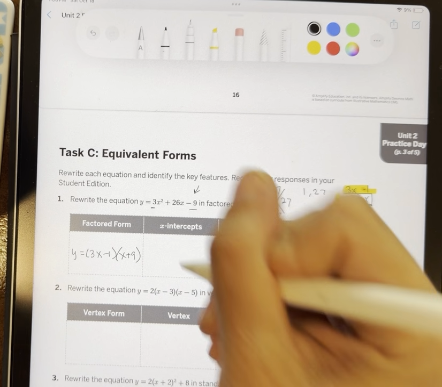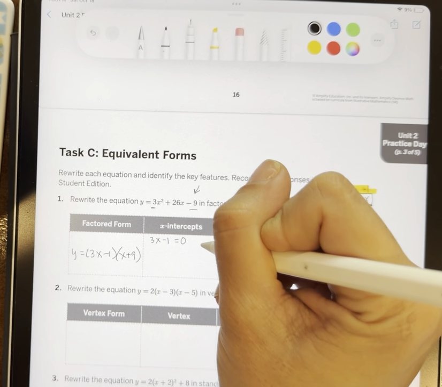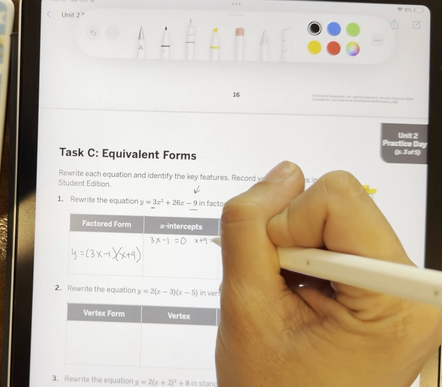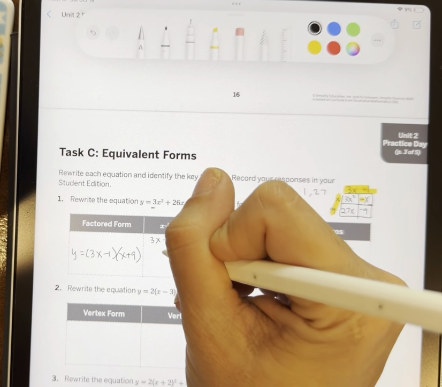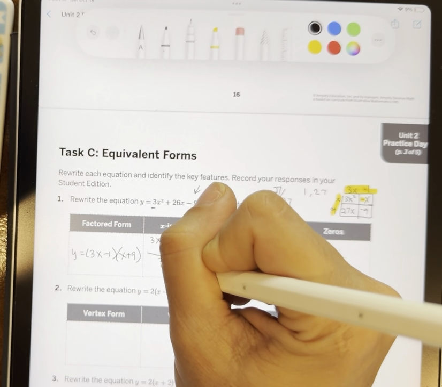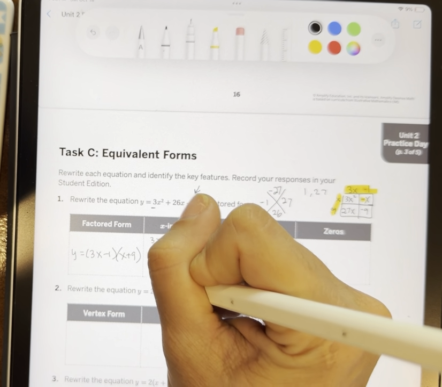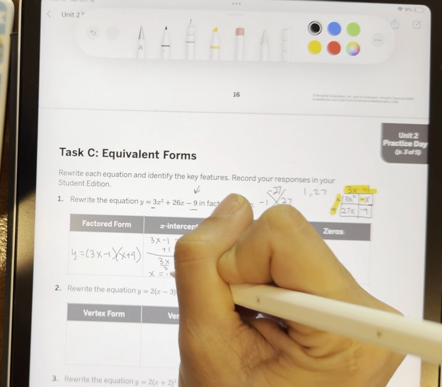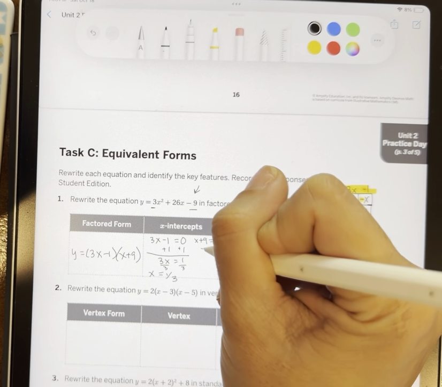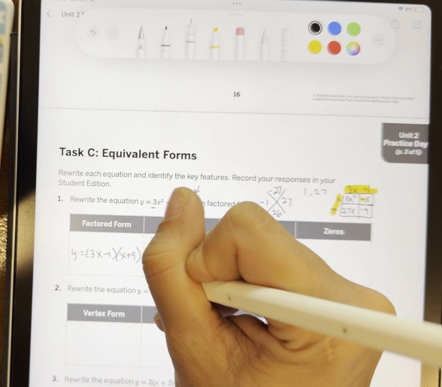Now for x-intercepts, I need to take each of these and set them equal to 0. So you can add the 1, divide the 3, x equals 1/3, and here you could just subtract the 9, x equals negative 9, boom, and boom.